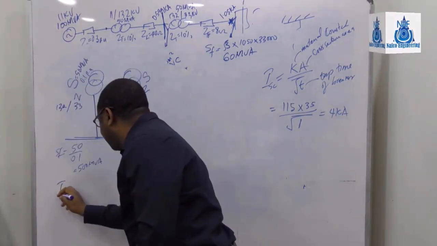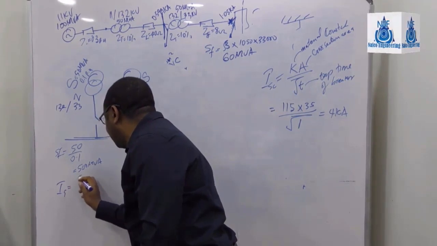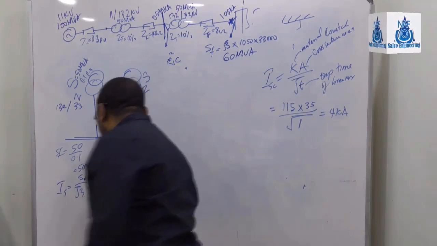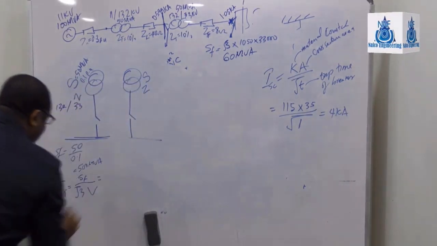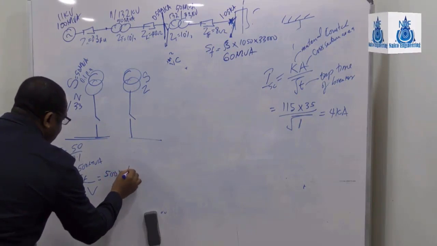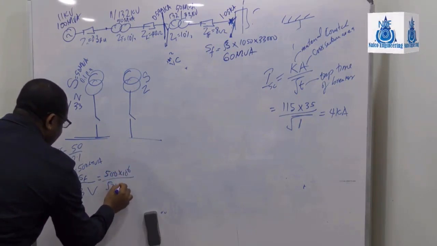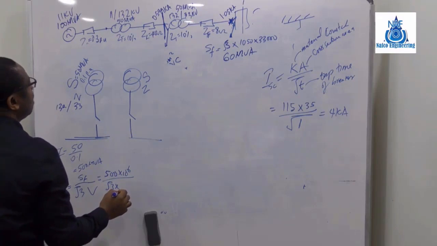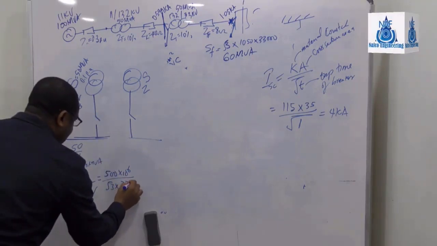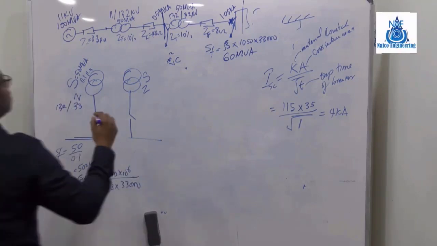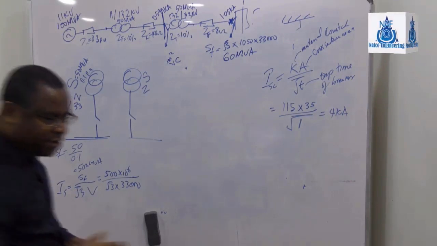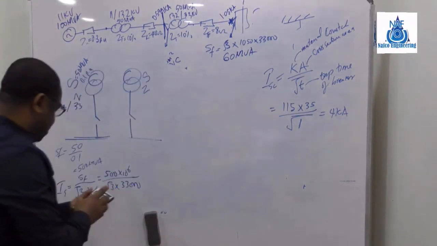If I want to get a short circuit current, I short circuit is S fault over root 3 times the voltage, which is 500 MVA over root 3 times the voltage there, and the voltage there is 33,000.